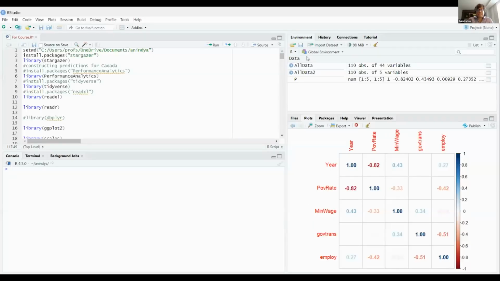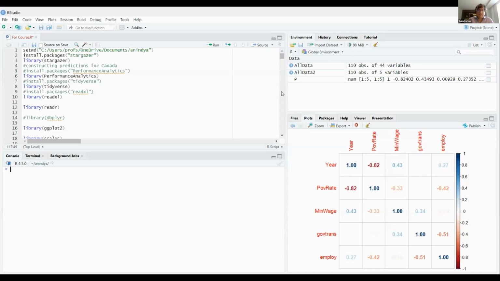So having said that, let me show you what R looks like. Okay, this is it.